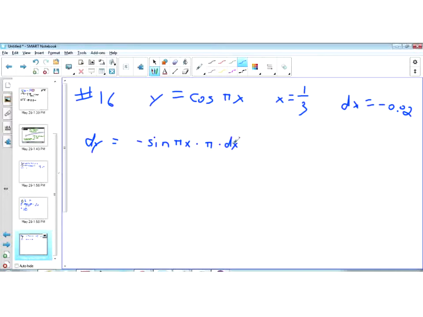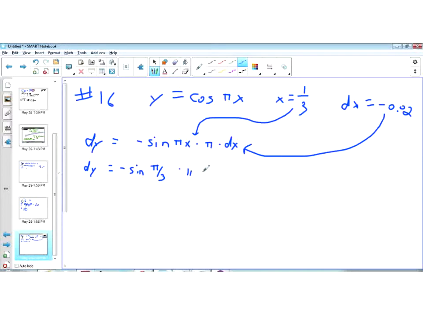The next question asks, evaluate the differential of y for x and differential of x. So in this case, we have a value for x for part B of this question, and then we have a value for the differential of x. And so quantitatively, we can compute the differential of y, which is equal to minus sine of pi thirds radians, times pi, times a negative 0.02.